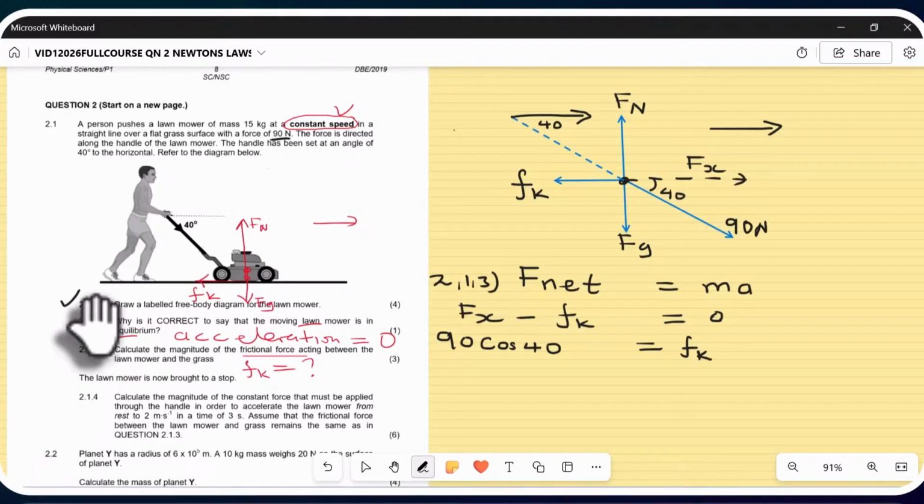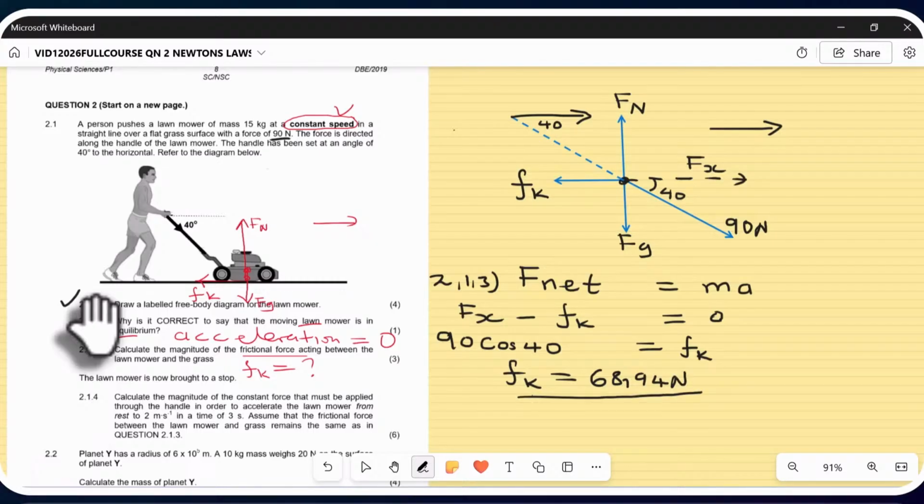That's our picture. Then they say here that the lawnmower is now brought to a stop. Calculate the magnitude of the constant force that must be applied to the lawnmower from rest to 2 meters per second in a time of 30 seconds.